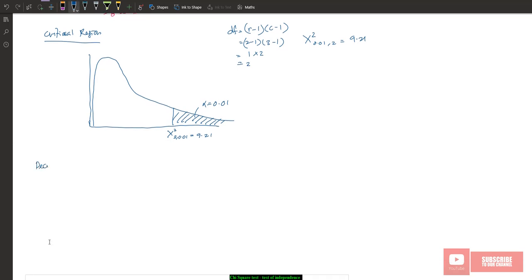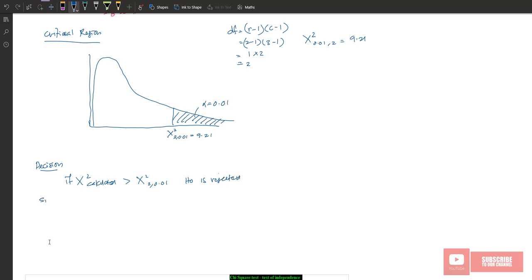So then we can make our decision. If chi-squared calculated is more than chi-squared with 2 degrees of freedom at 0.01, the null hypothesis is rejected.